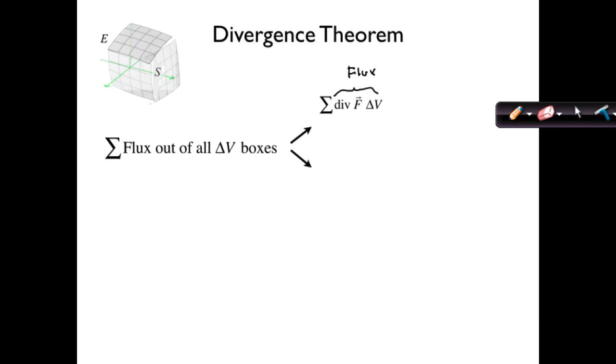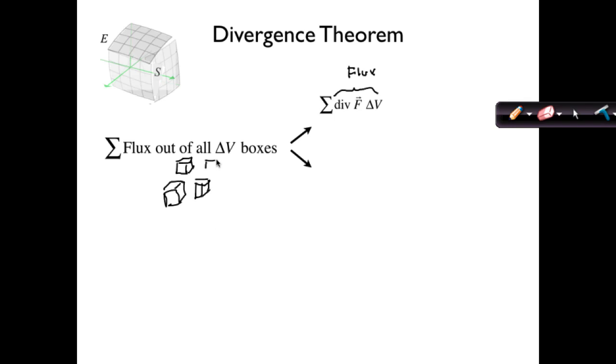The other way I'm going to do this is to think about all these boxes adjacent to one another. As I calculate the flux out of this box, and add those together, what's going to happen?